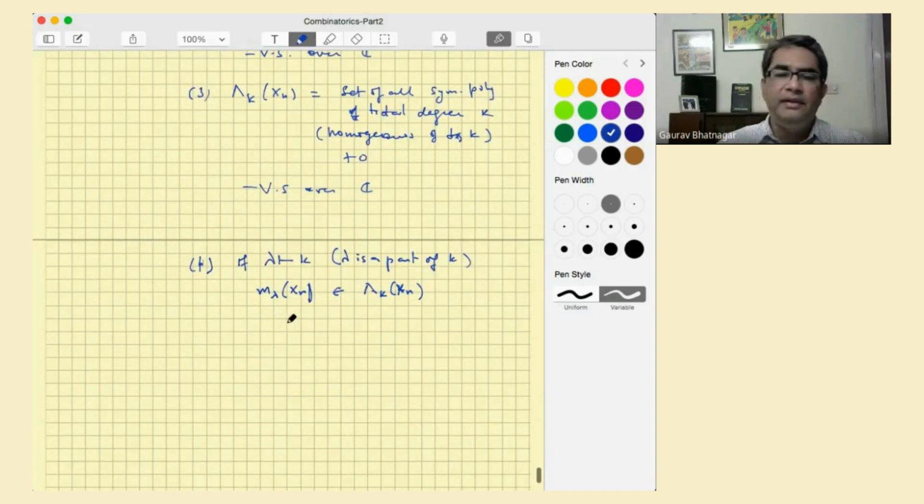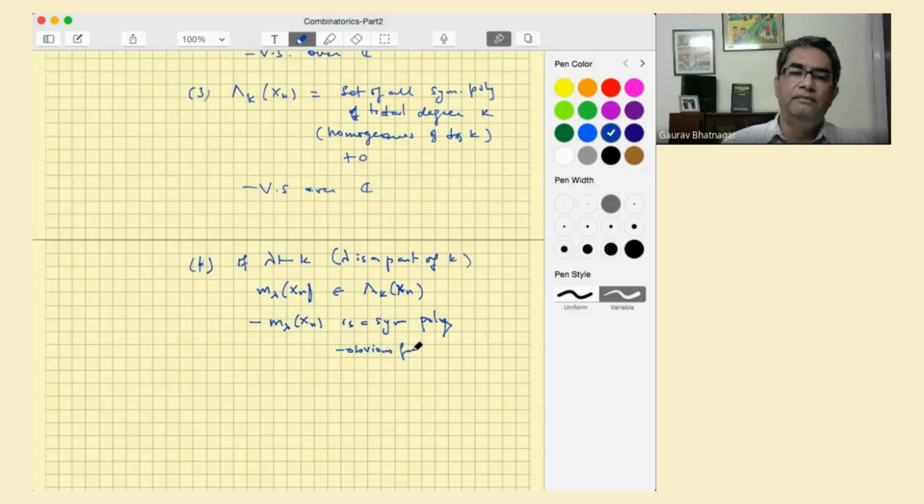And the book, for some reason, needs to prove that this is a symmetric polynomial. I find it quite obvious. This is obvious from the definition, but the book proves it, so you can look at it.